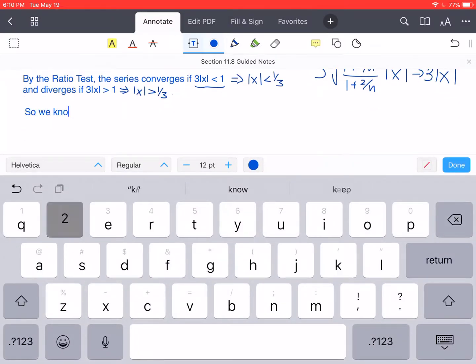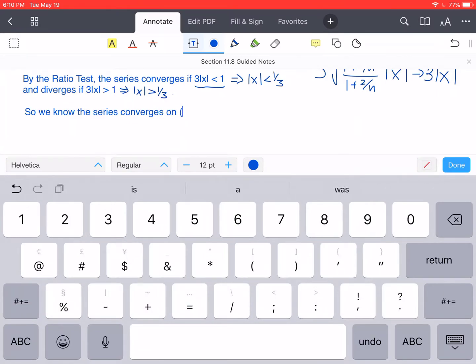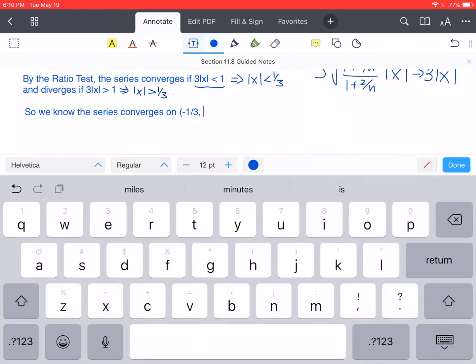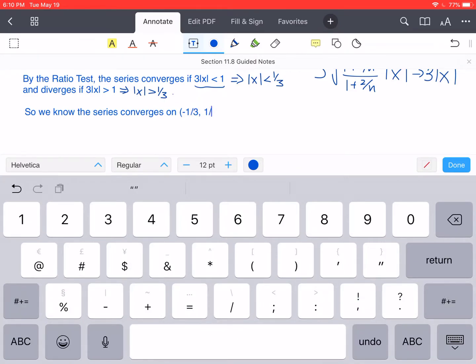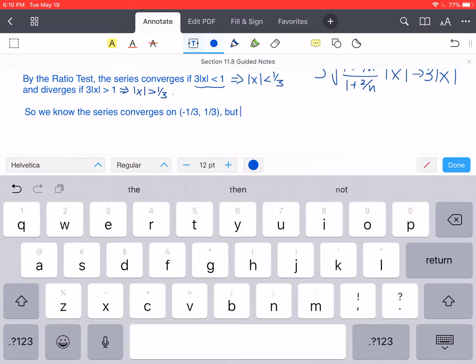Okay, so we know the series converges on the interval negative 1/3 to 1/3. Okay, so it converges on that interval, but what about at the endpoints?